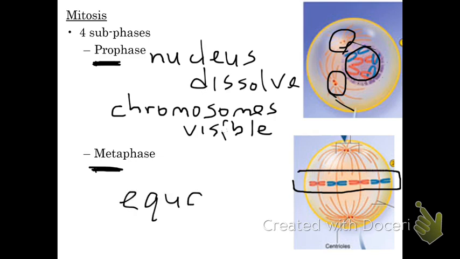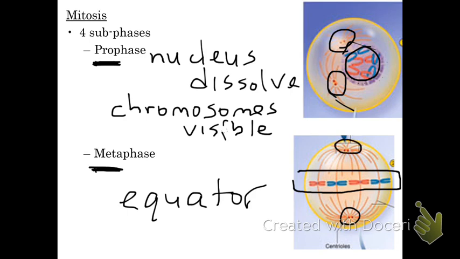So cells, interestingly, are not just a ball that rolls around, but cells have a top and a bottom. They have their, quote, poles, like the Earth has the North and South Pole, and, like the Earth, cells have an equator. And the chromosomes line up along that equator, and the centrioles are now at the two poles, North and South Pole, if you will.